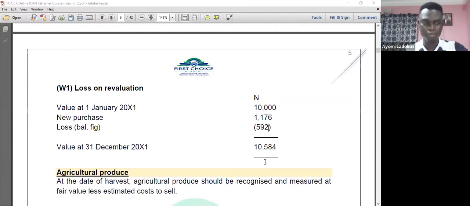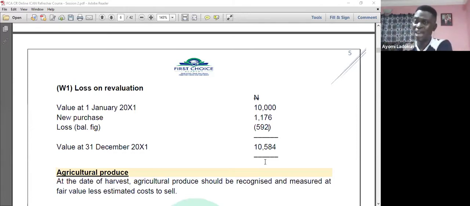Now listen up. Unharvested produce growing on a bearer plant, you apply IAS 41. Don't forget, unharvested produce growing on a bearer plant, you apply IAS 41. At the date of the harvest, you must measure at fair value less cost to sell.